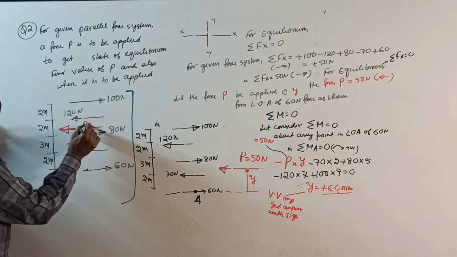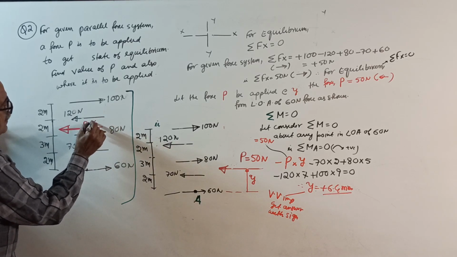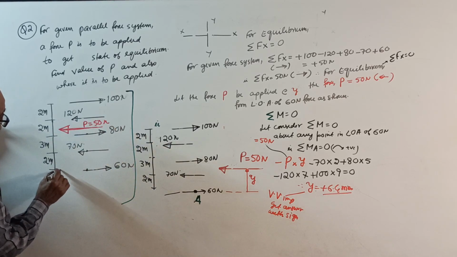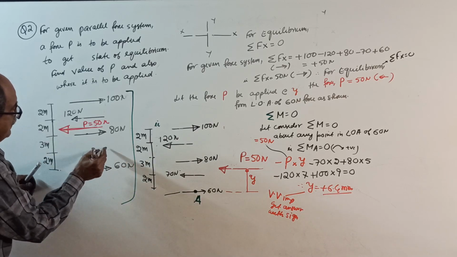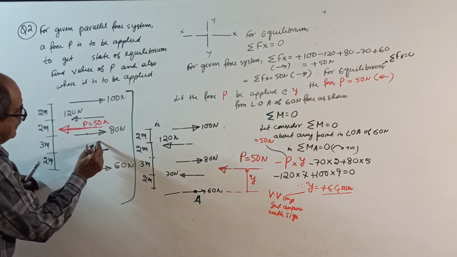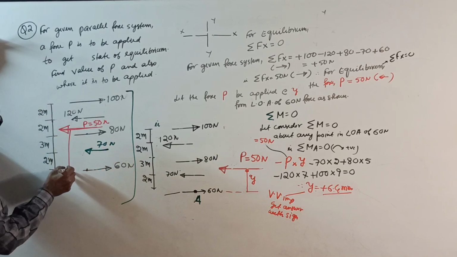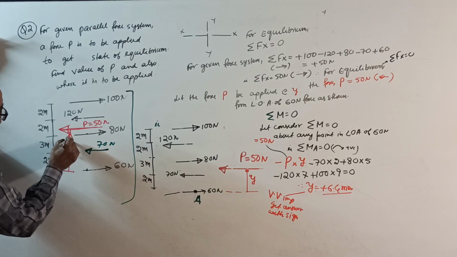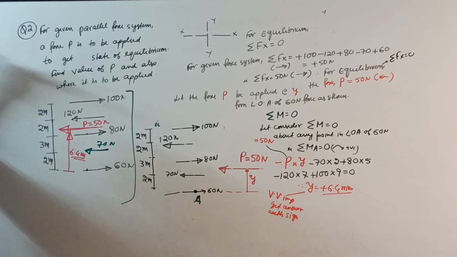Force P equal to 50 Newton. You should apply it at, where I should show it here. I will put the 70 Newton a little to this side without disturbing. By 6.4 meter is the answer.